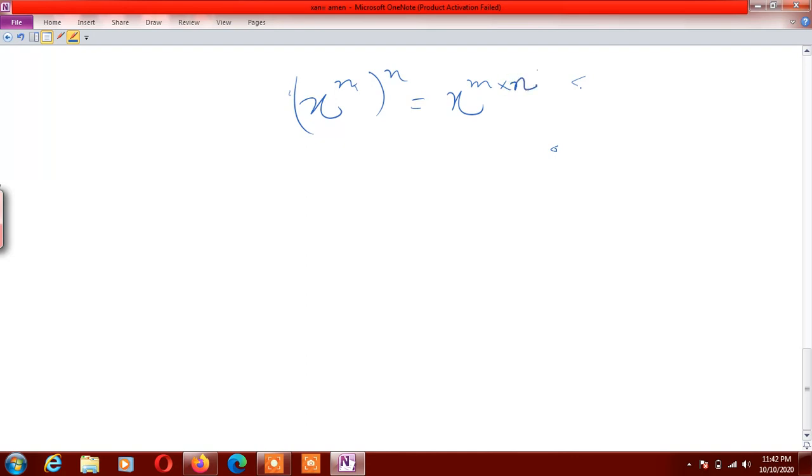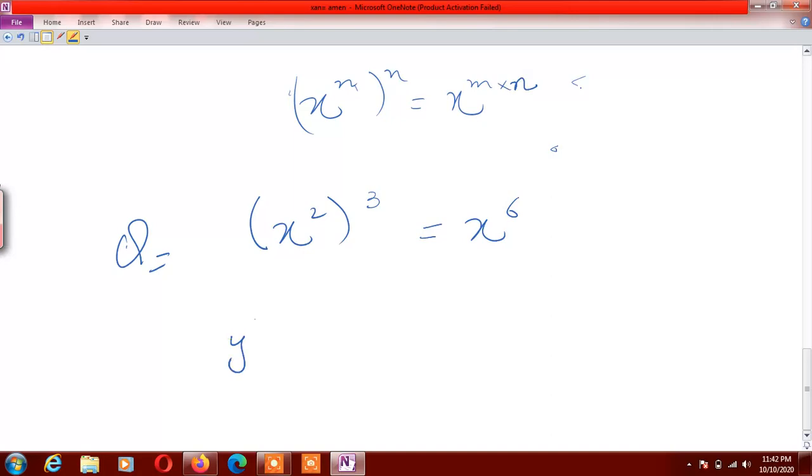So when we have the concept of bracket power, we simply multiply the power which is inside the bracket by the power which is outside the bracket. Now let's take an example. For example, we have x square whole power 3, so it is equal to x power 6, because 2 threes are 6.